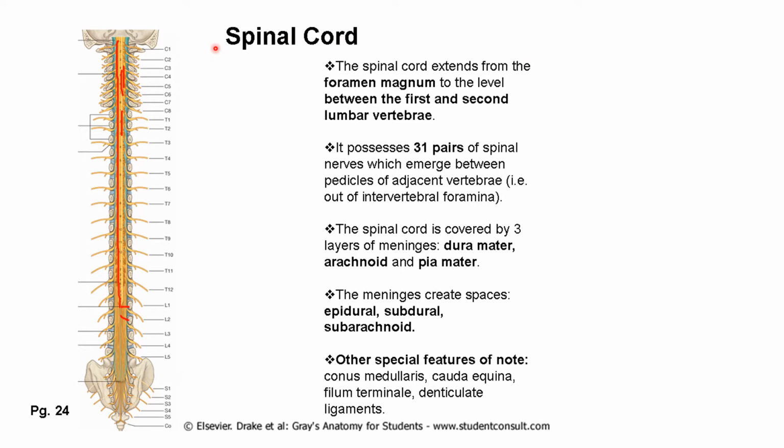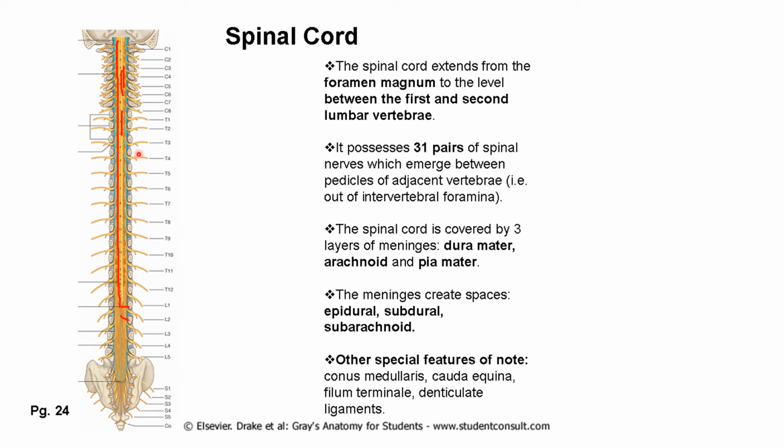The spinal cord extends from the foramen magnum all the way down to the first and second lumbar vertebrae. There are 31 pairs of spinal nerves that emerge between pedicles of adjacent vertebrae. The spinal cord, as the brain, is covered by meninges, the dura mater, the arachnoid, and the pia mater.